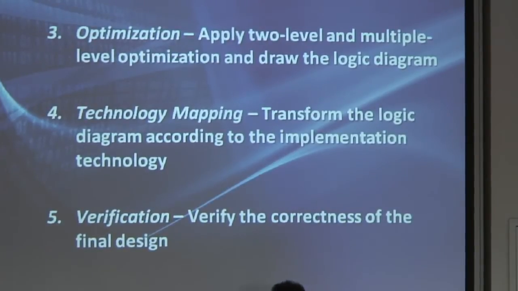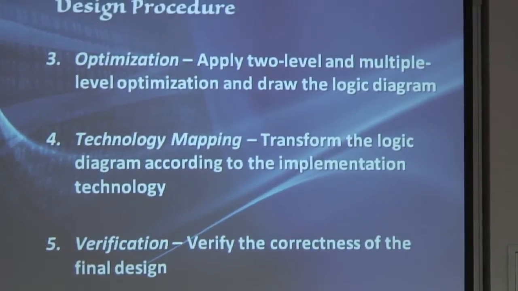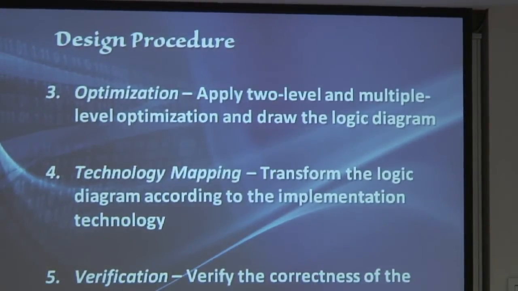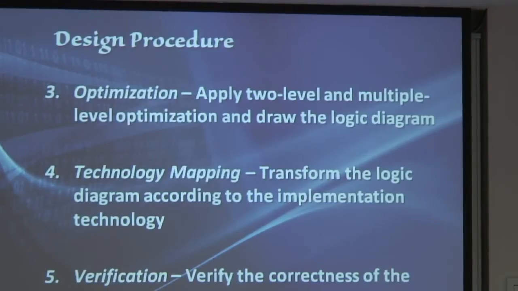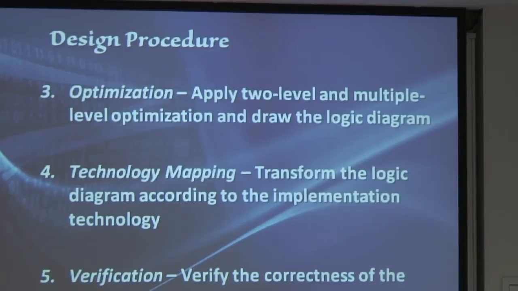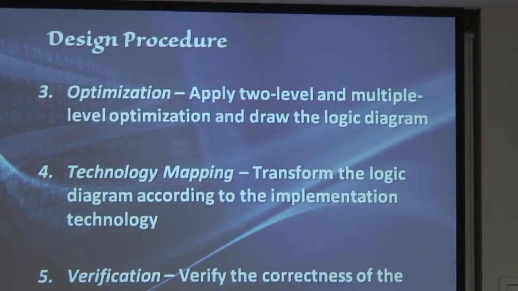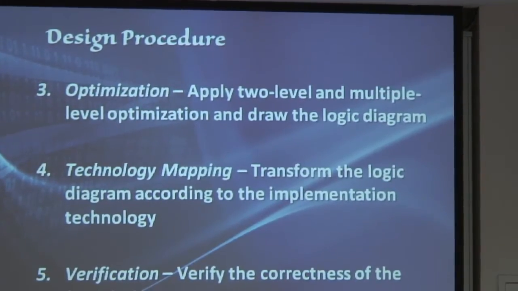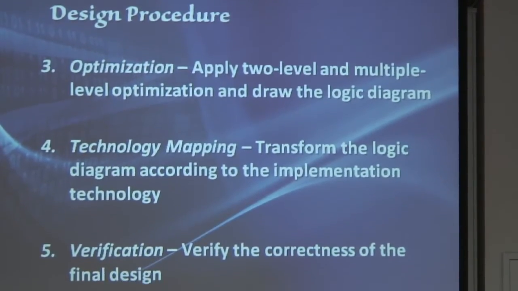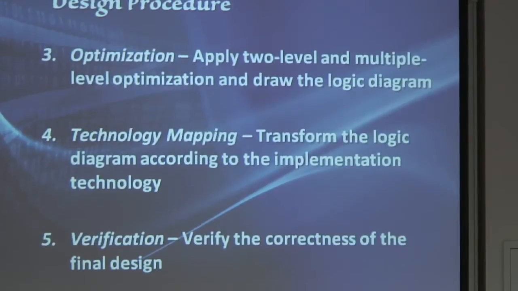If we're optimizing for speed, we will usually try a 2-level implementation, and for that we have the Karnaugh maps that will usually give you very good results. If you want to optimize for gate input cost, you might go to multiple-level optimization.